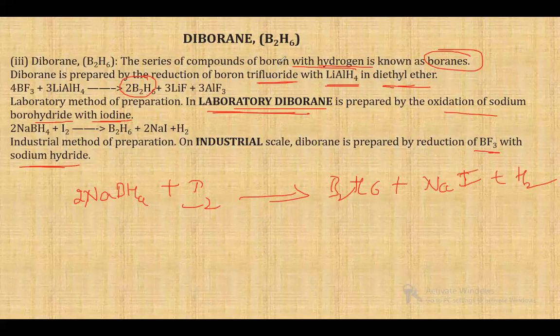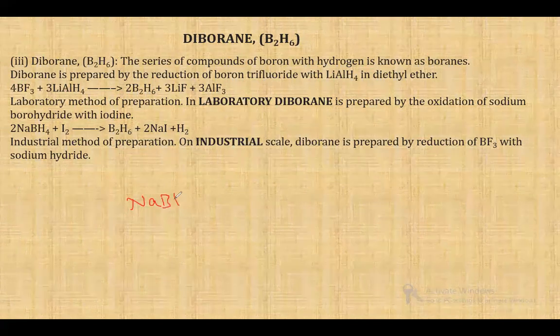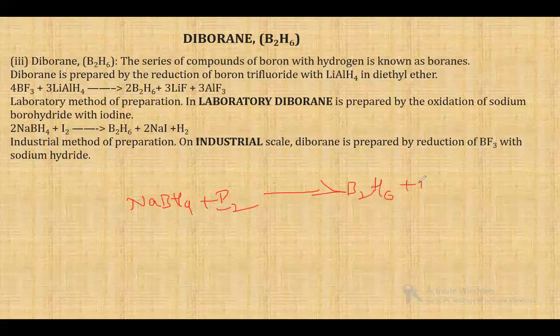So the equation is not good, so we'll write it: NaBH4, that is sodium borohydride, treated with iodine I2, which in presence of polyether will form B2H6, sodium iodide NaI, with liberation of hydrogen gas. This is the industrial method of preparation.